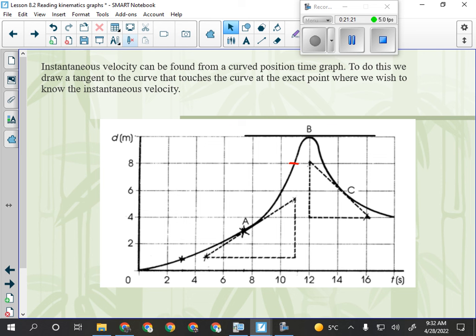I mean, if I draw a tangent line that just touches that curve right at the top of it, it's horizontal. Because when you throw something up in the air, at the very top of its flight, that's where it stops for just an instant before it turns around and falls back down. Right? As soon as it leaves my hand, slowing down, slowing down, slowing down, stops, speeds up, speeds up, speeds up, and comes back to my hand. Okay? It's that whole what goes up must come down thing.